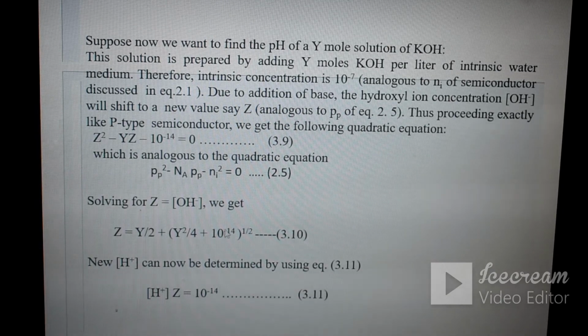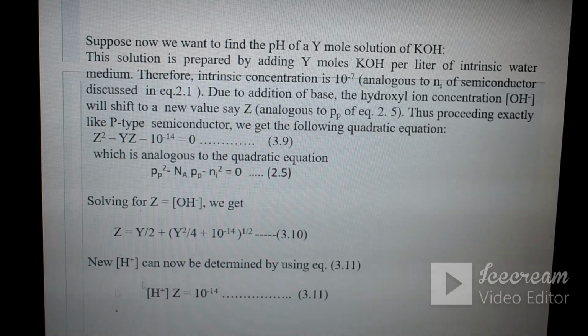Here Z is actually the hydroxyl ion concentration. For determination of the pH value, we need to find the hydrogen ion concentration. So the new hydrogen ion concentration can now be determined by equation 3.11. That is, you have to use this expression: hydrogen ion concentration times the new hydroxyl ion concentration equals 10 to the power minus 14.